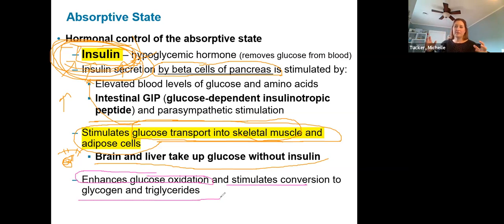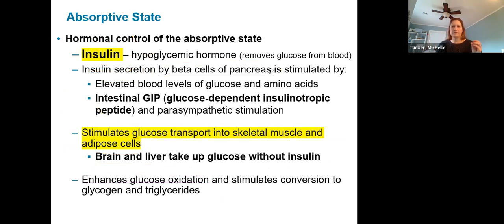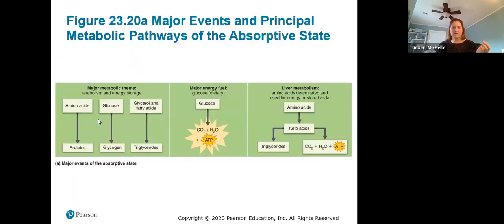So after we've eaten, we're in the absorptive state. We're going to want to store things, right? Okay, that's this one. We want to store it. It's protein. Well, I don't want to store protein. We build proteins, we store glycogen, we store triglycerides. And because of insulin, that increases glucose oxidation.